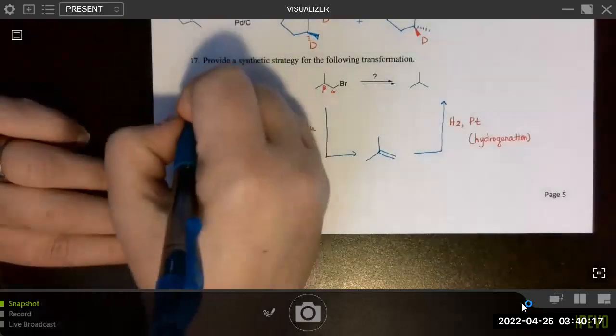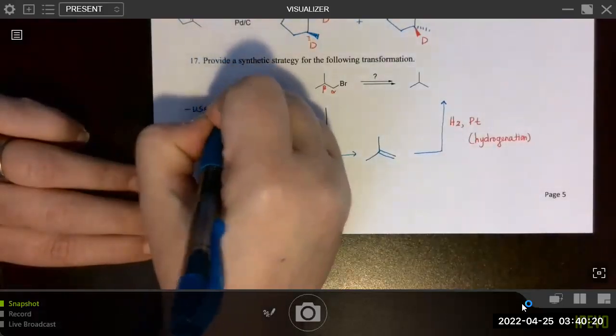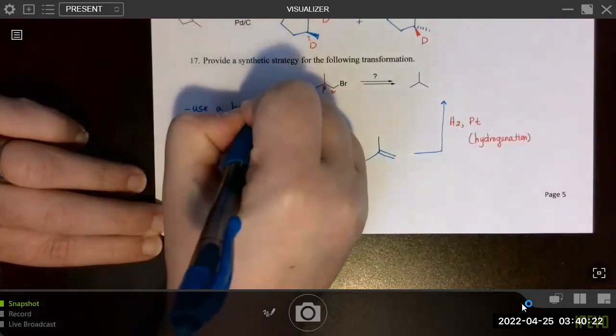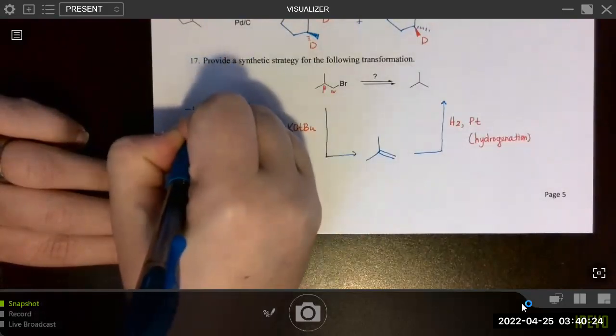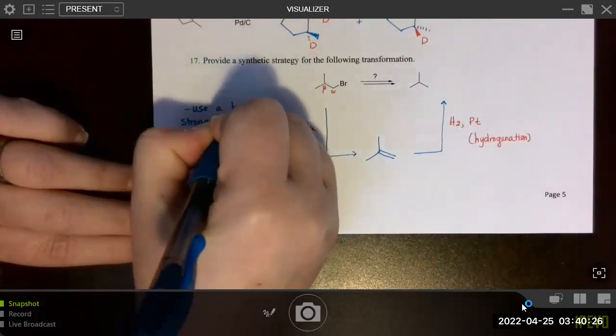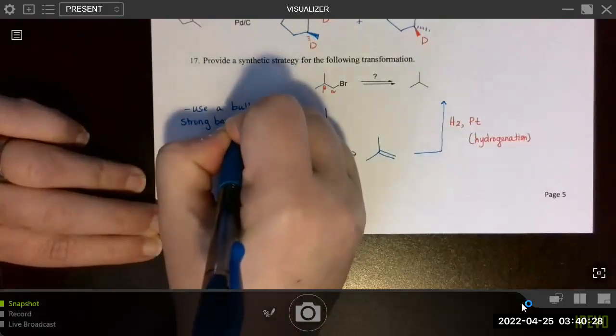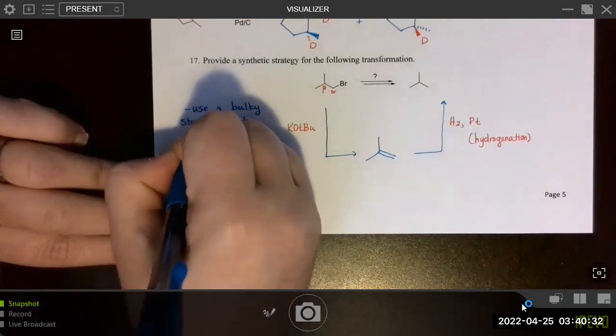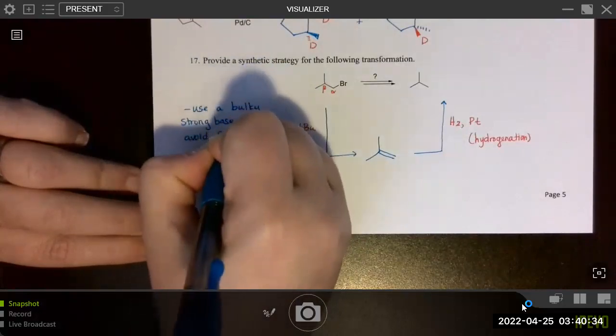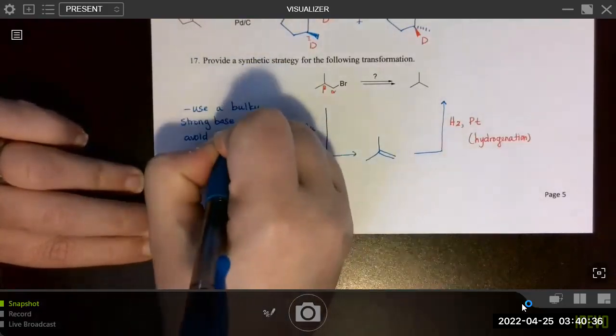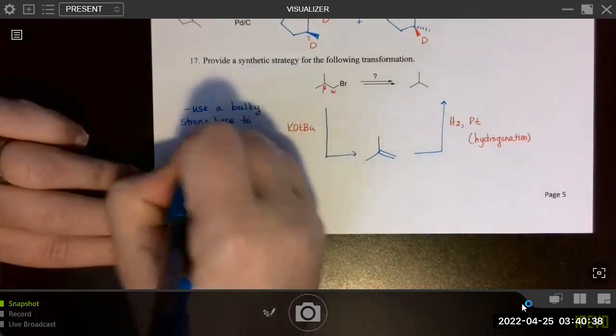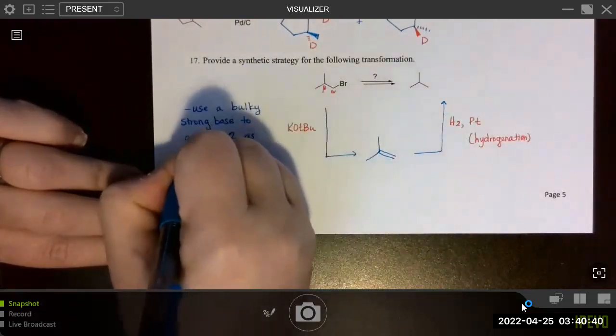So we'll make a little note here. Use a bulky strong base to avoid SN2 as a competing reaction.